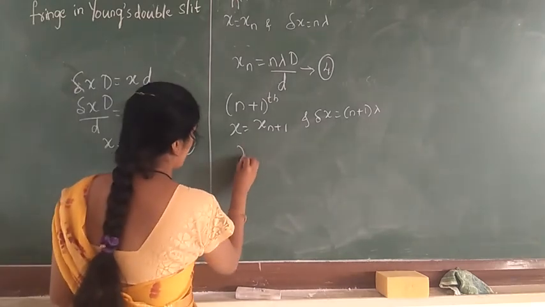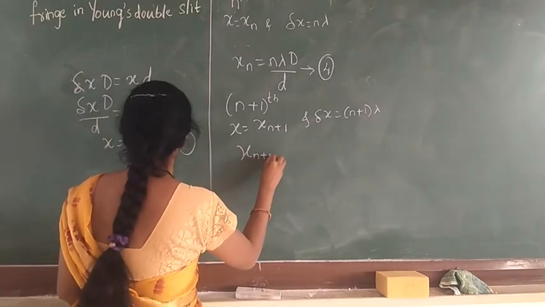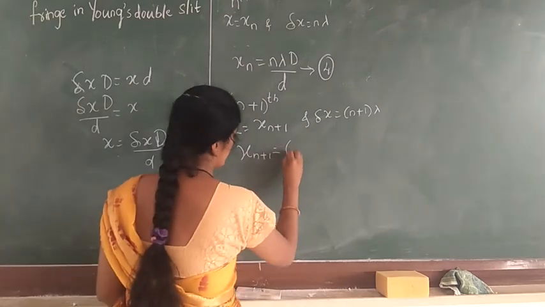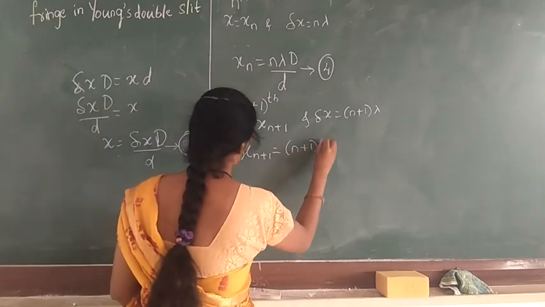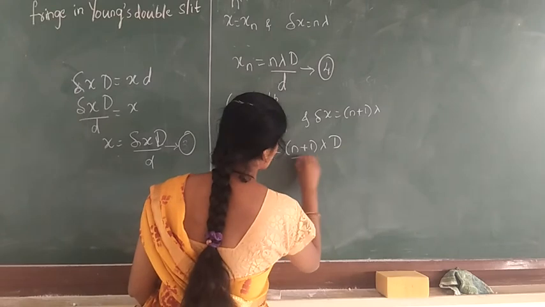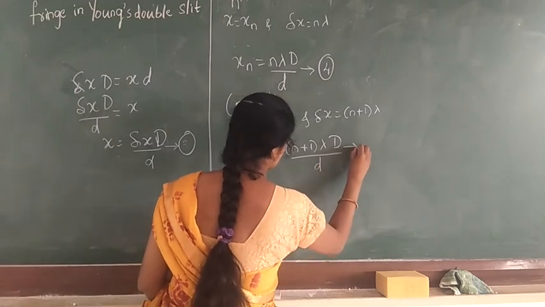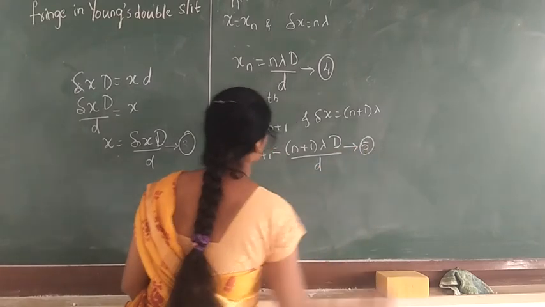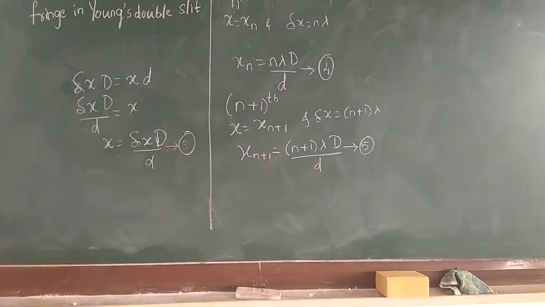We are getting xn plus 1 is equal to n plus 1 into lambda into D by small d. Consider this as equation 5. Now one is the nth bright fringe and the other is the n plus 1 bright fringe.